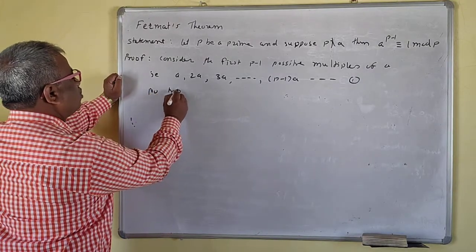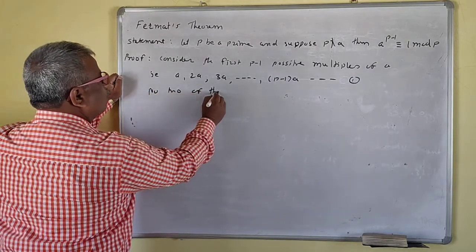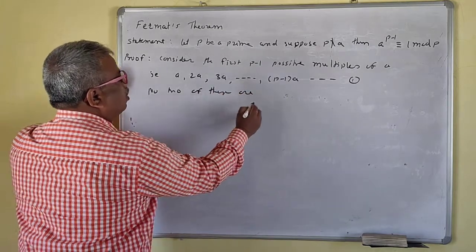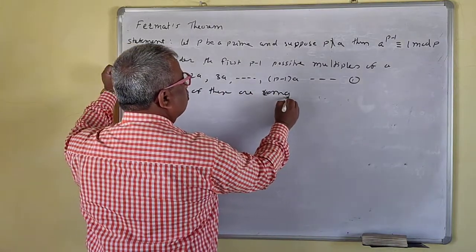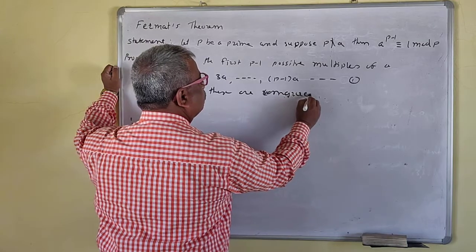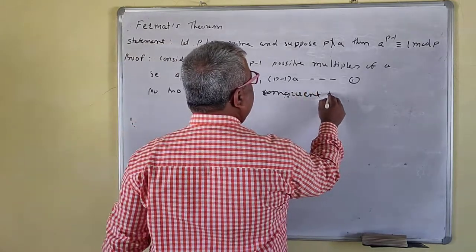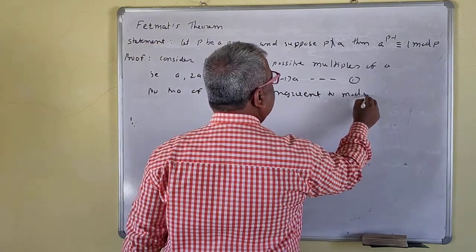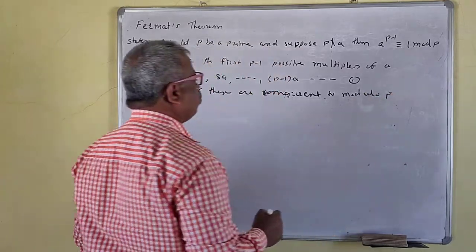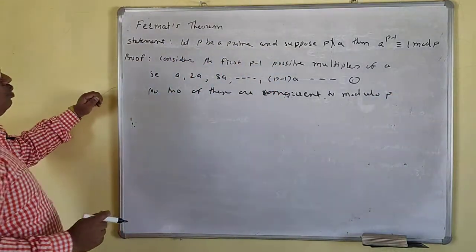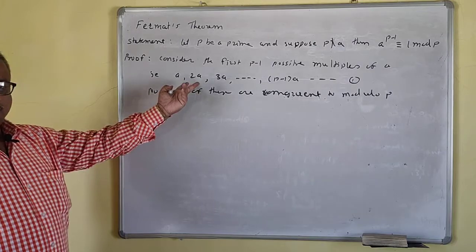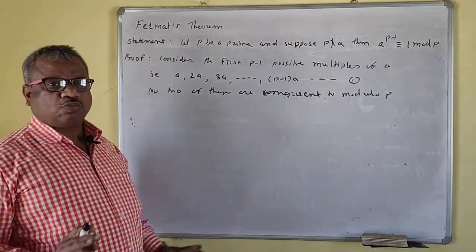No two of these are congruent modulo p. That means if you take any two numbers, they are not congruent modulo p.